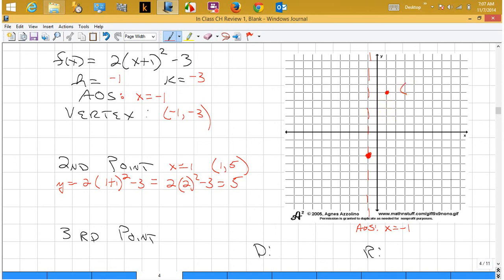Okay, let's put the labels on there. And for a third point, I'm going to use the mirror again. So it would be 2 on this side, that would be (-3, 5).